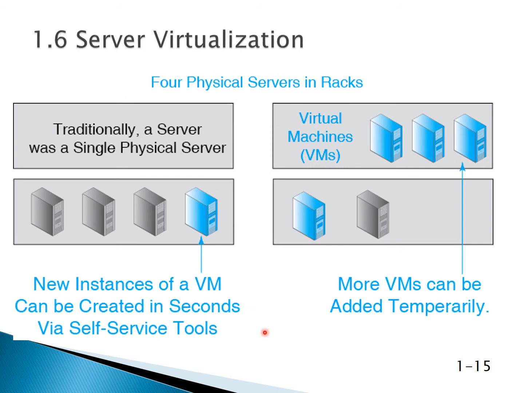New instances of virtual machines can be created in seconds via self-service tools. So you can create a virtual machine easily when you are using GWS or AWS or similar services. And also more virtual machines can be added easily.